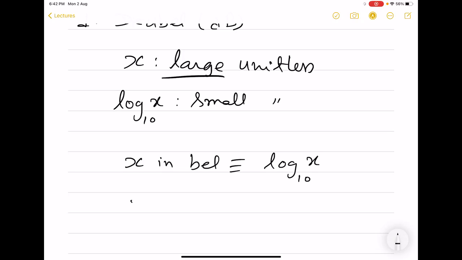Now we say that x has been expressed in Bell unit, designated by capital letter B, and this is equal to log of x to base 10. This unit Bell is named after Alexander Graham Bell, who we know invented the telephone.